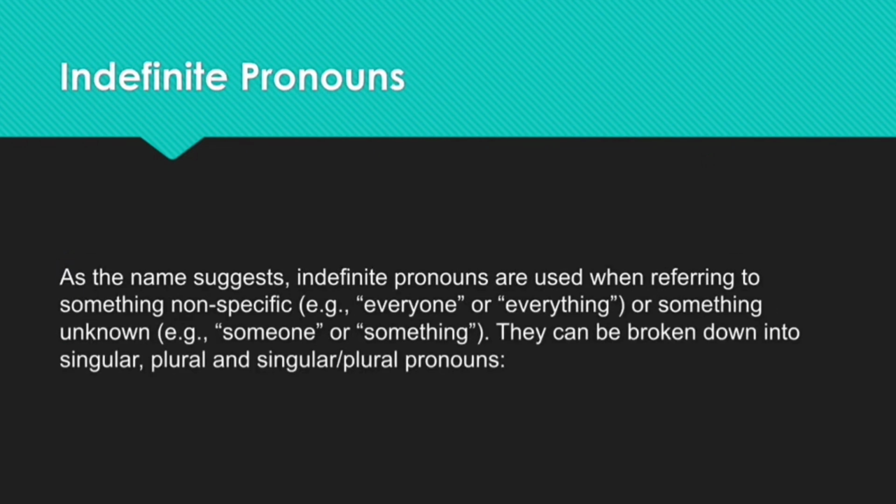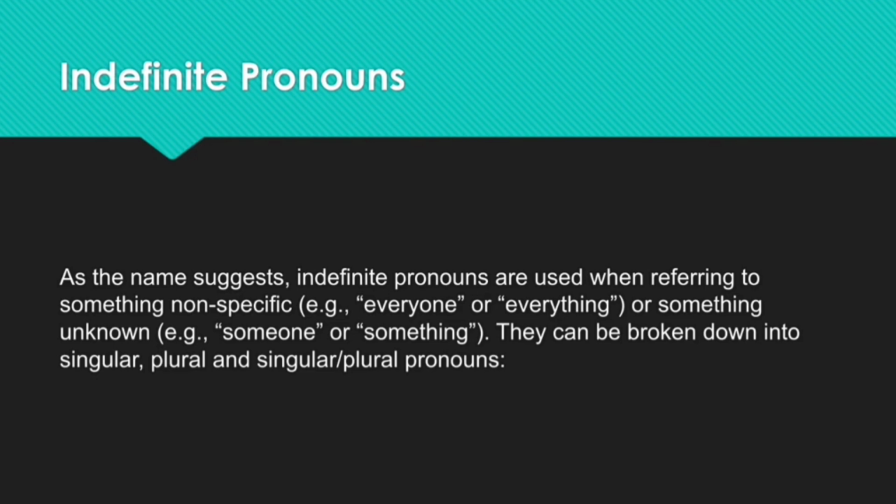The next one is indefinite pronouns. As the name suggests, indefinite pronouns are used when referring to something non-specific. Now, I am going to give you an example of a specific thing from the previous example that I had given you in reciprocal pronoun.